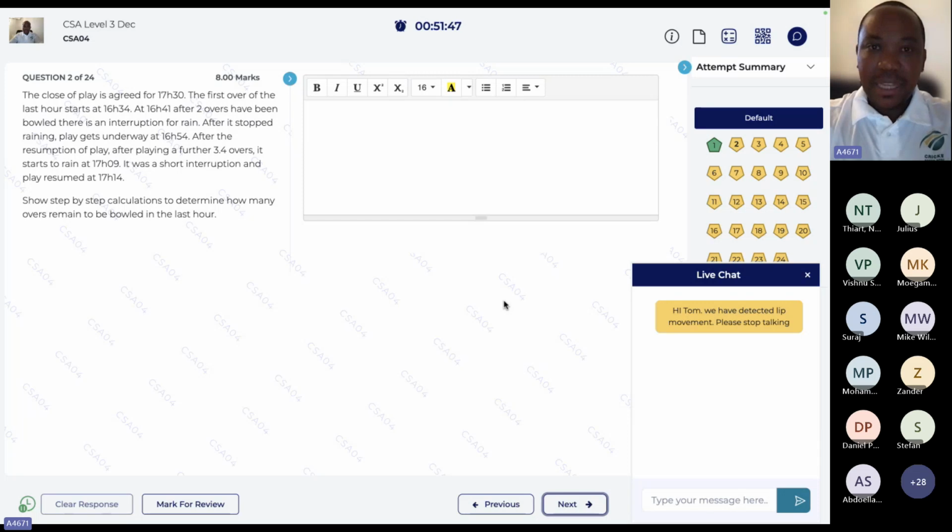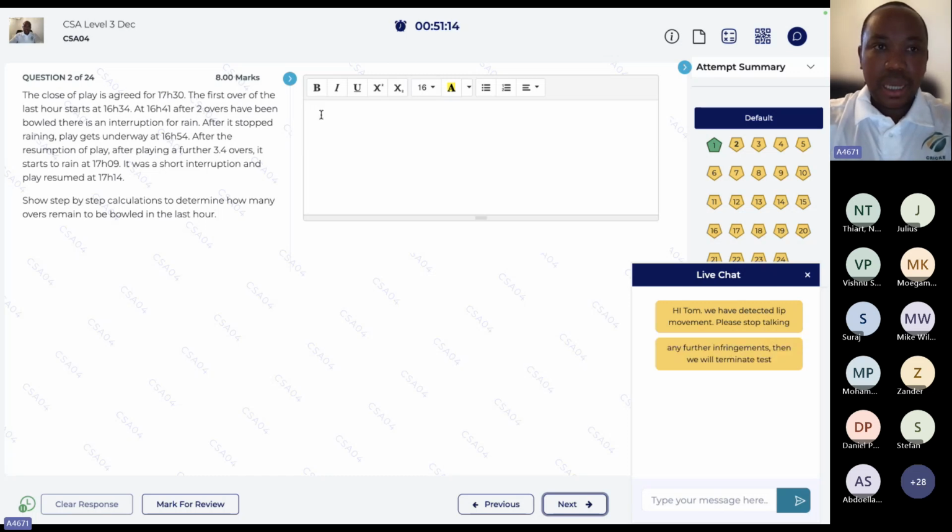And if there are continued infringements of the instructions given by the proctor, then the proctor, Abdullah, can also type any further infringements and we will terminate your exam. That is the serious nature in which we take these infringements. That is why we have invested in the software.